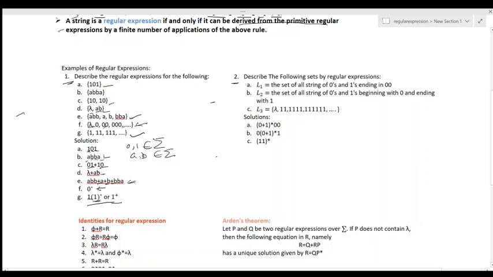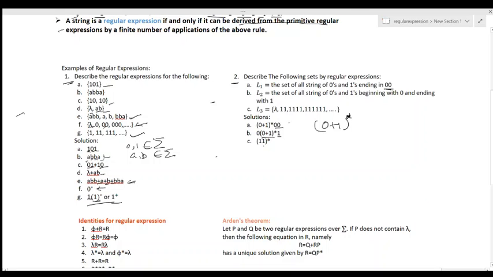So all combinations of zeros and ones are represented by (0 plus 1) star closure. Now if it always ends with 00, we concatenate with 00, so that becomes the solution. For the second problem, the set of all strings of zeros and ones beginning with a 0 and ending with 1. With the same reasoning, we use (0 plus 1) star closure, starting with 0 and ending with 1.